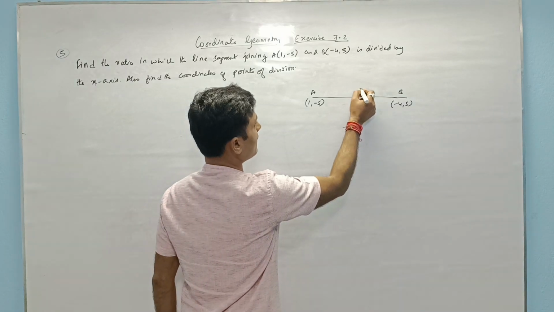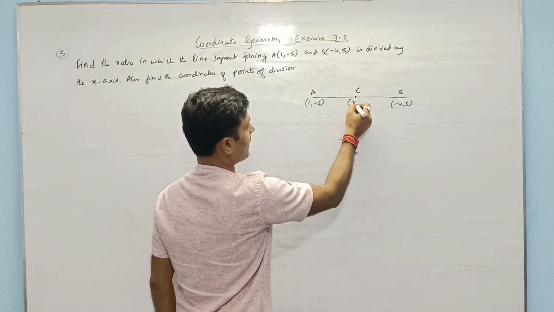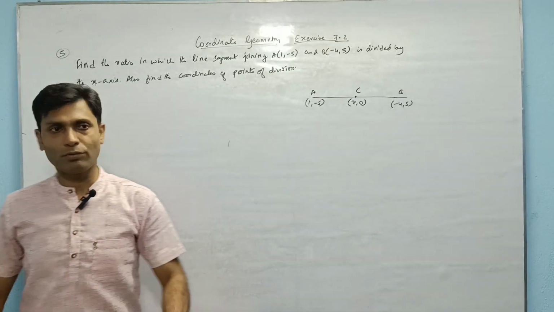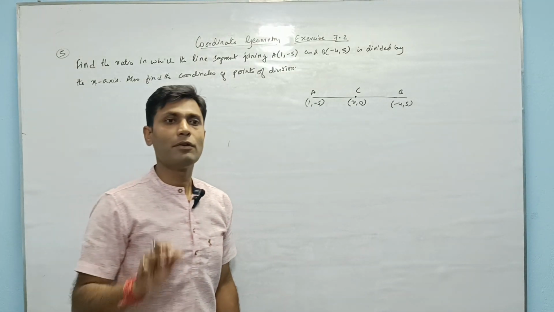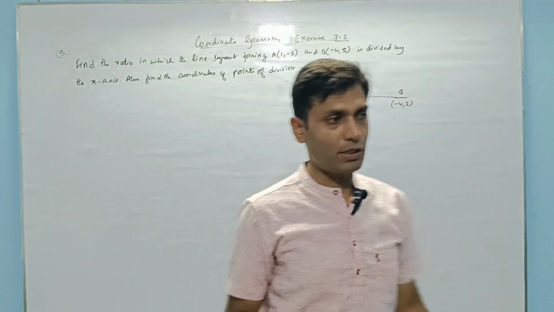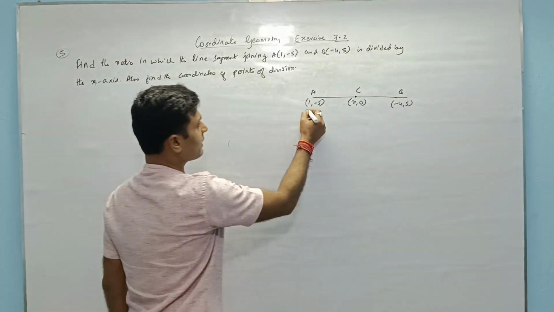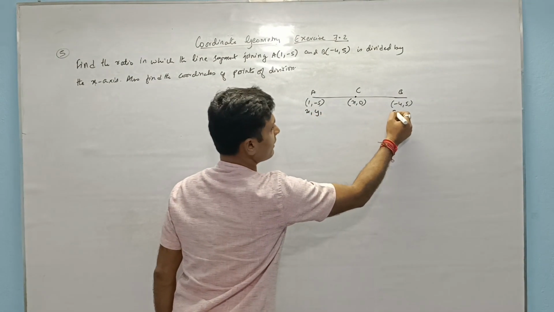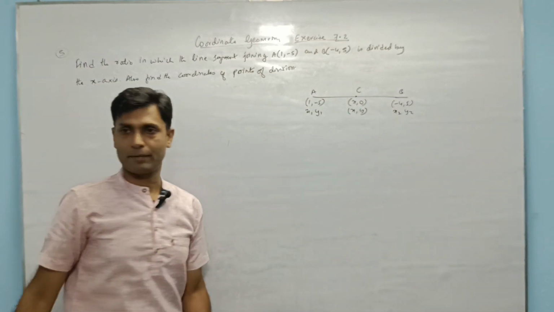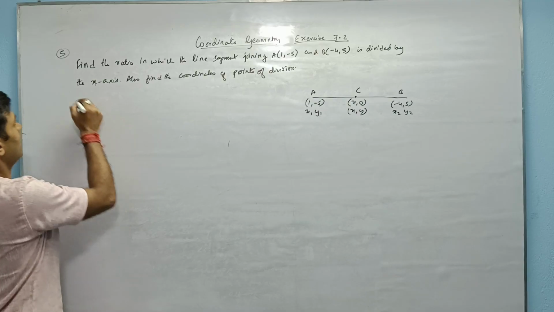So we'll take here, let C be dividing AB in the ratio m is to n. We don't know what the ratio is, right? The question says find the ratio. So I'll mark this as x1, y1, this is x2, y2, and this is x comma y. Right.